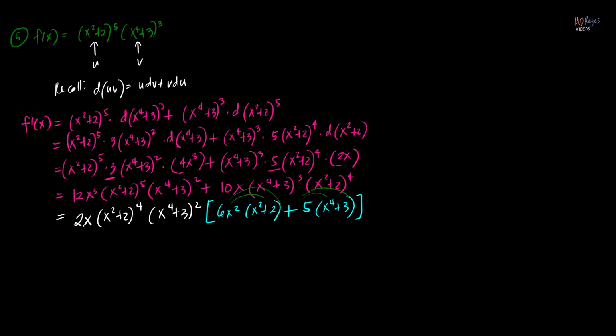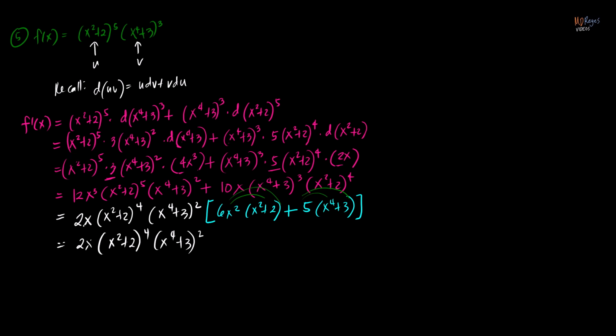And we'll get, so we'll just copy the first, it's 2x times x squared plus 2 to the fourth times x to the fourth plus 3 squared.